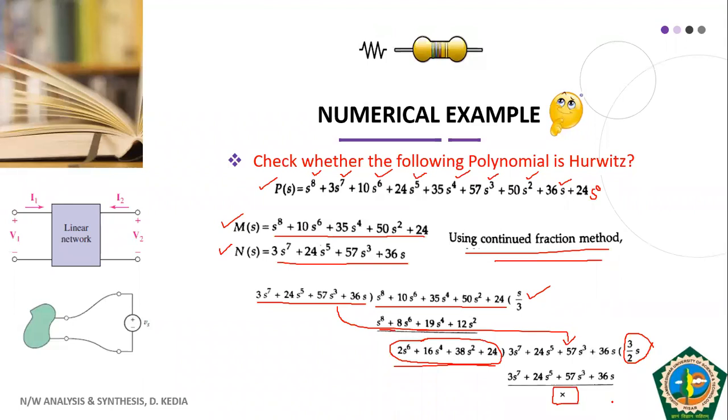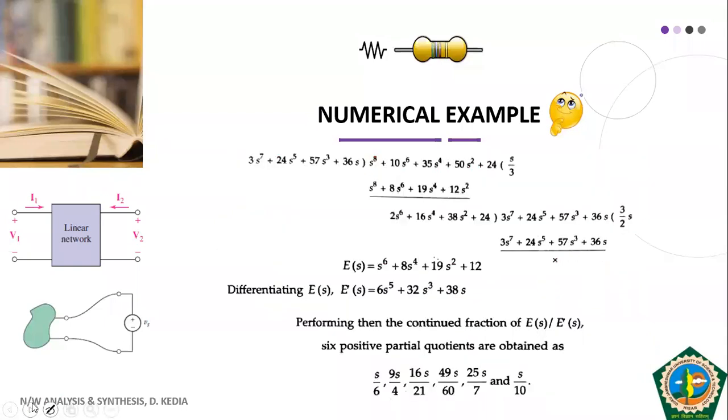I'll explain which part of the polynomial will be differentiated, and then how we will continue this fraction which has terminated abruptly. So let us move to the next slide.